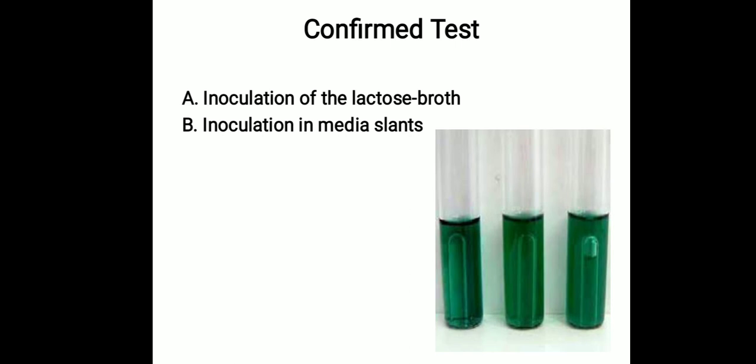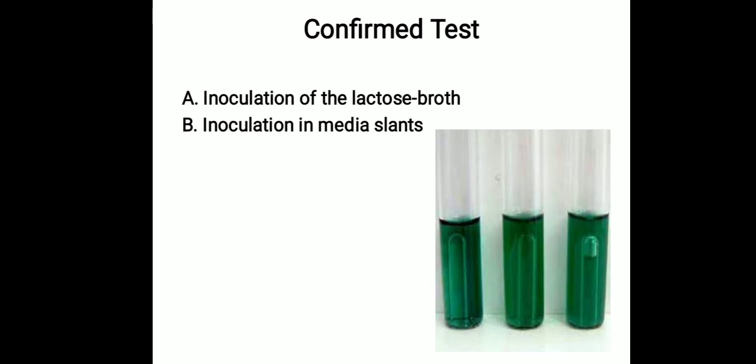Then the presence of typical colonies at high temperature, that is 44.5 plus or minus 0.2, will indicate the presence of thermotolerant Escherichia coli. So that is for the case of positive results. In case it is negative, you will see the absence of gas formation in lactose broth or the failure to demonstrate coliform-like colonies on the EMB agar. So this is for the confirmed test.